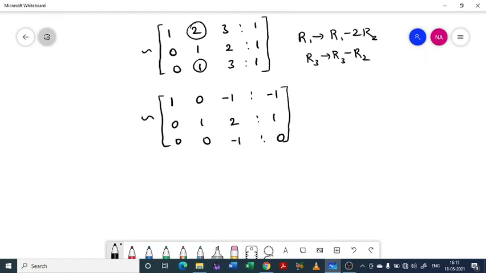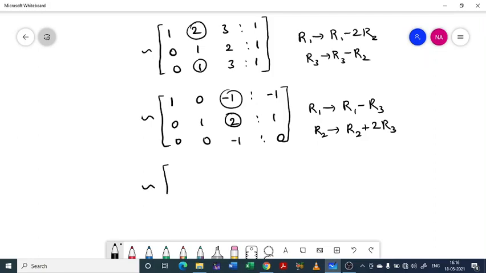Now we have to make these two 0. Applying operations suitably again, R1 changes to R1 minus R3, and R2 changes to R2 plus 2R3, as the signs are opposite here.